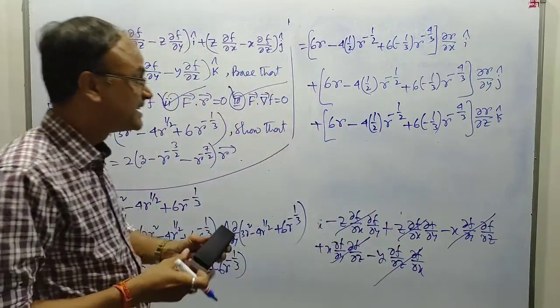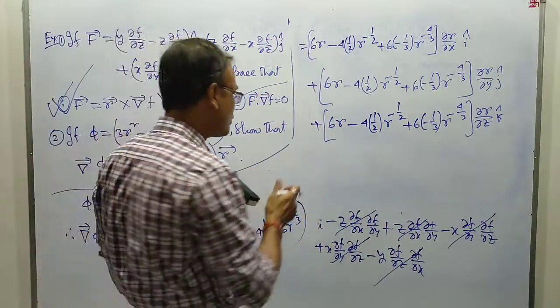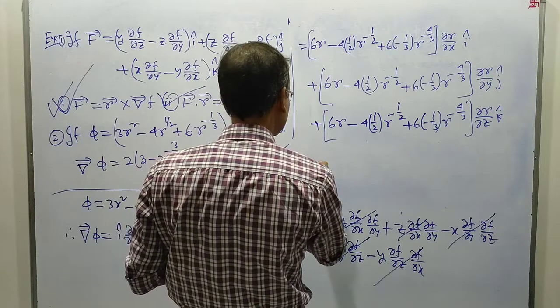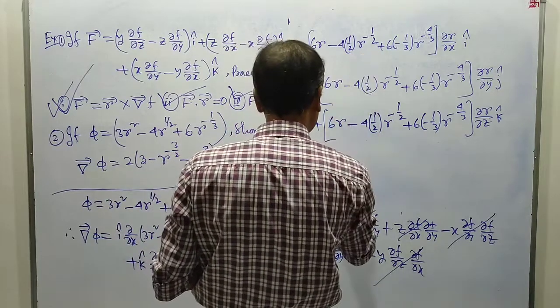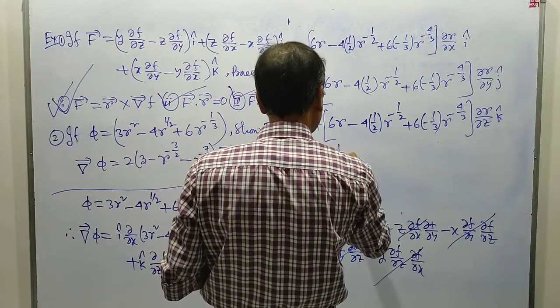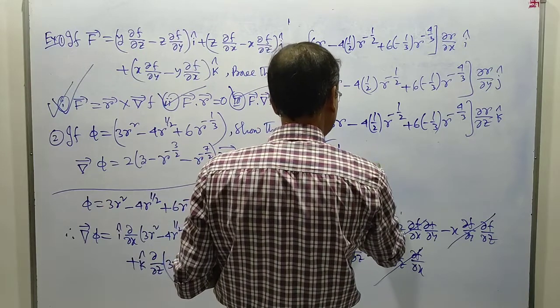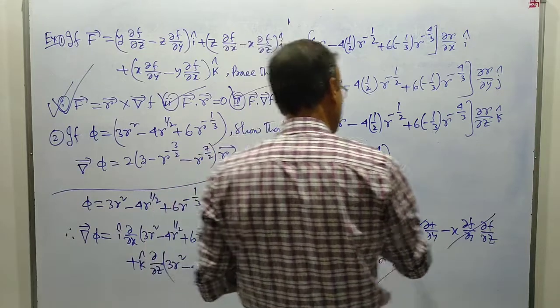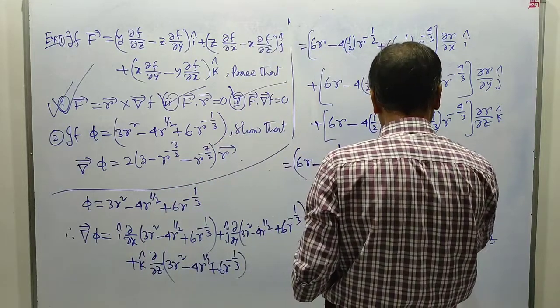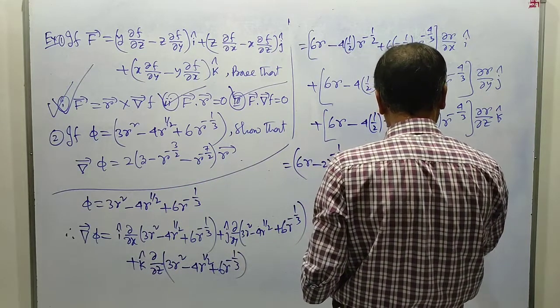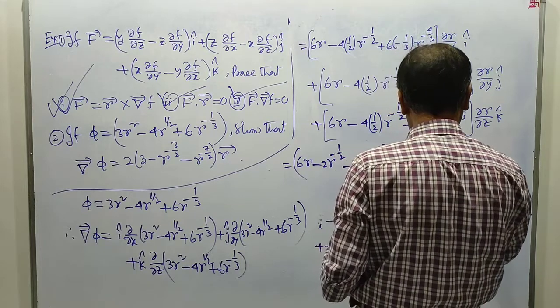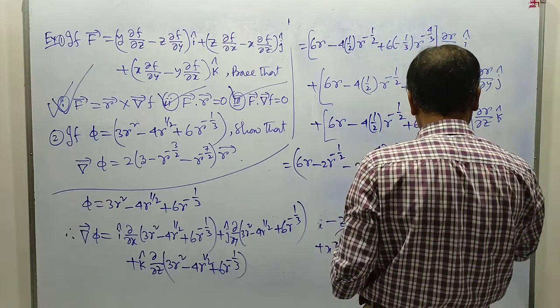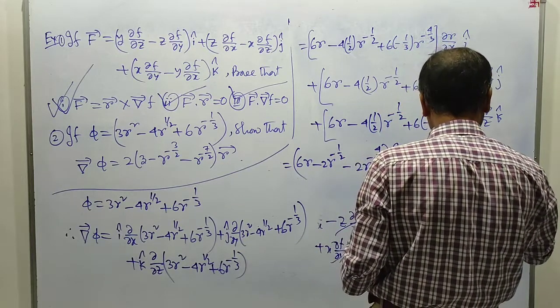Now take this common. This is equal to 6r minus 2 times r to the power minus half minus 2 times r to the power minus 4 by 3. It will be common: ∂r/∂x i cap plus ∂r/∂y j cap plus ∂r/∂z k cap.